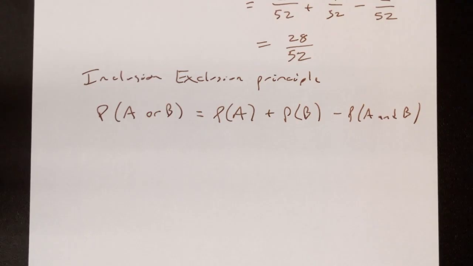If all of the things in B were already in A, and I took P of A plus P of B, then I definitely counted all of the B's twice. I counted them once when they were in A, and then I counted them again. I have to take it back out. If our two events have nothing in common, we're going to call those mutually exclusive events.